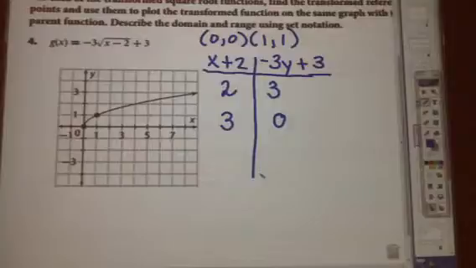I'm going to plot those 2 points. 2, 3 would be right there. That's going to be my starting point. And then 3, 0 is right there. So my graph would curve just like that.